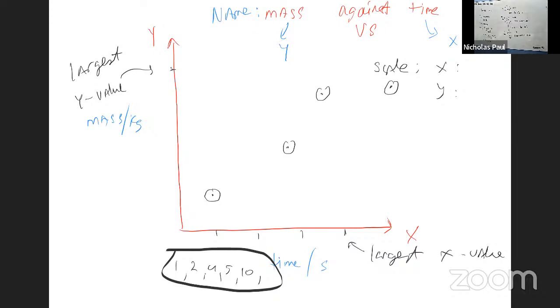Now, the next thing that we have to learn to do is to draw a line that will represent all the points that you plotted. That line is called a best fit line. So write this down. Best fit line.